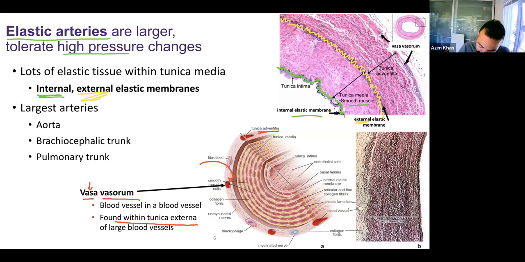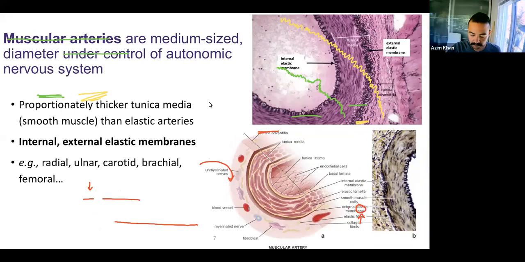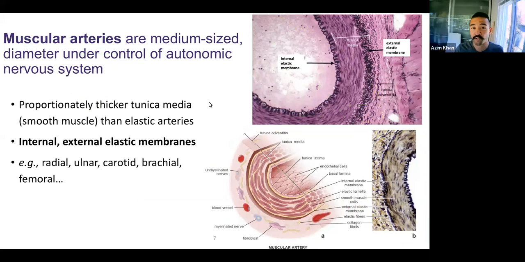You can see that in the histology over here, bottom right, you can see a blood vessel in tunica externa. So those are elastic arteries, the largest ones, lots of elastic connective tissue.